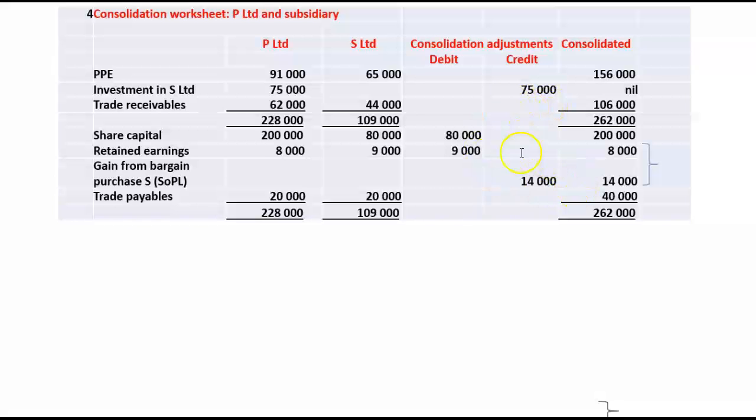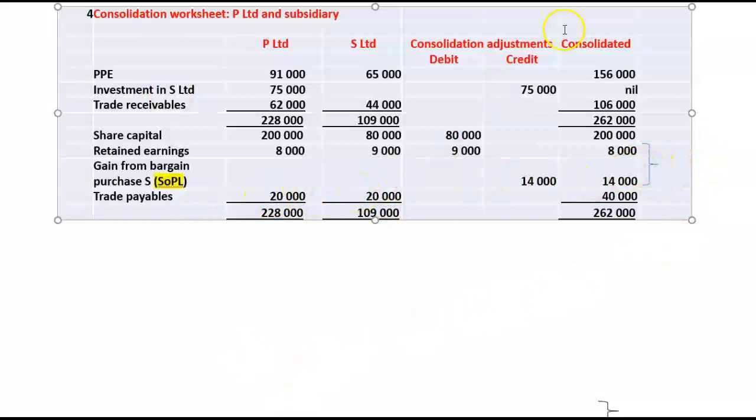In order to make it balanced, we obviously need a credit there of 14,000, and that is our gain from our bargain purchase, which we said is statement of profit or loss. And then trade payables, 20,000, 20,000.